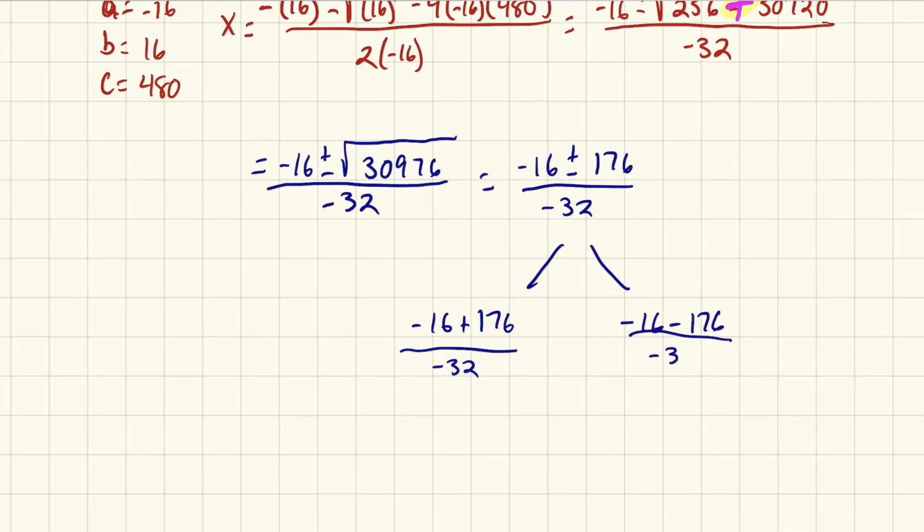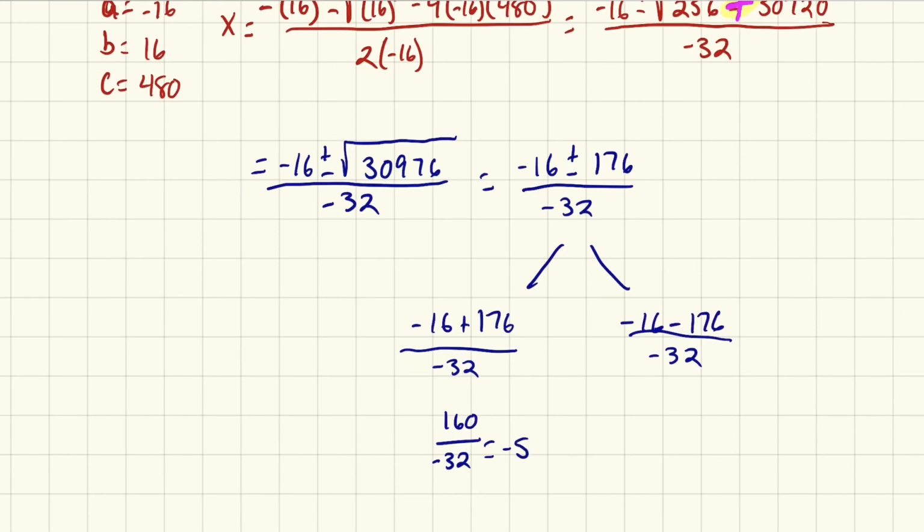All right, so simplifying the first side, the first problem on the left there, negative 16 plus 176 is equal to 160. We're going to take 160 and divide that by negative 32, and we are going to get negative 5 as an answer.